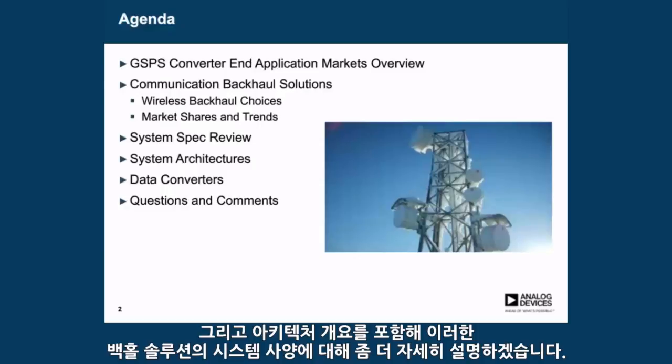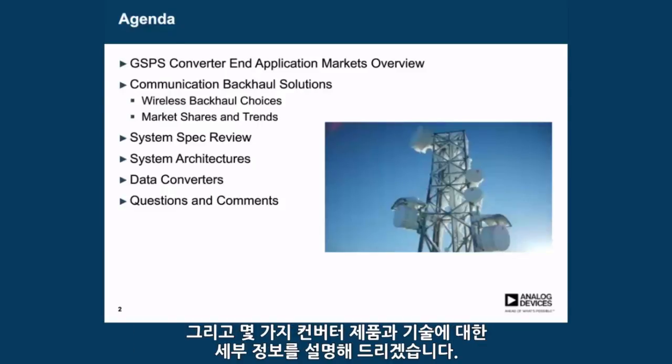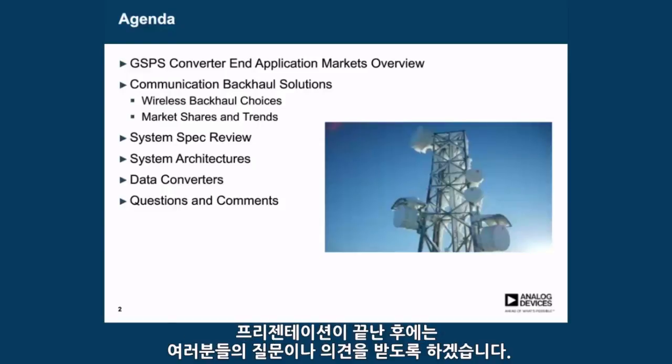I'll go into some more detail regarding the system specifications for these backhaul solutions, including architecture overviews. To wrap up, I'll discuss how Analog Devices converters provide solutions to these backhaul system requirements and provide some details on a few of our converter products and technology. I'll finish up with any questions or comments you may have at the end of this presentation.